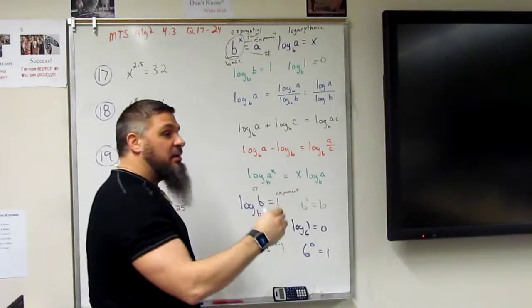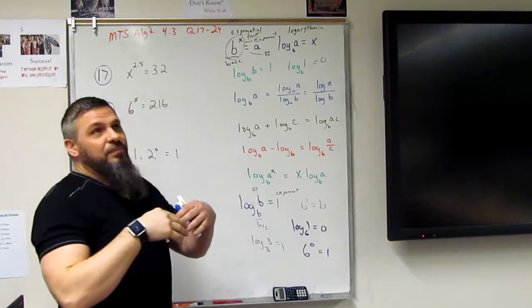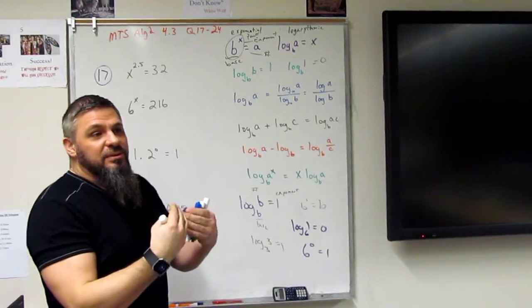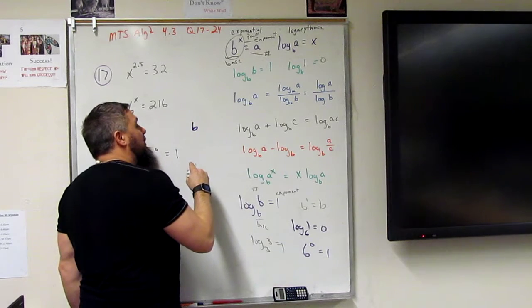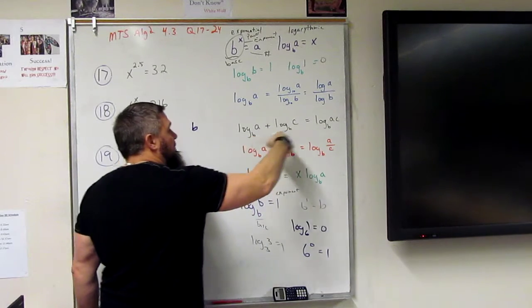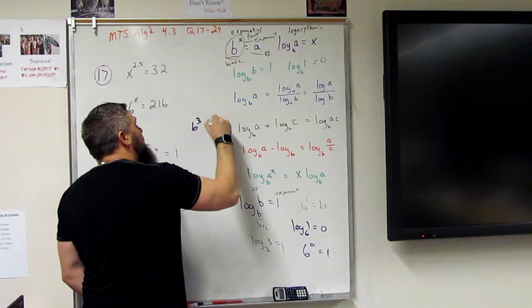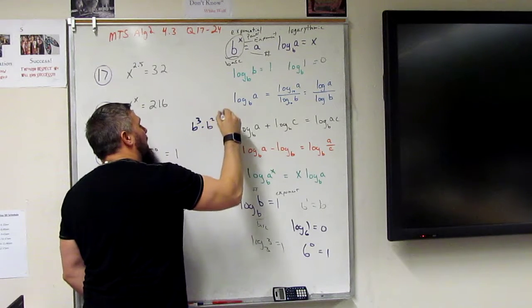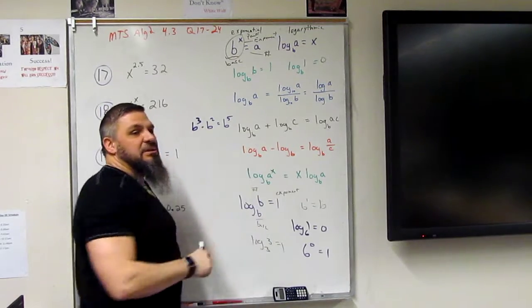If I said b cubed times b squared, I would say that's b to the 5th. So I'm adding their exponents.